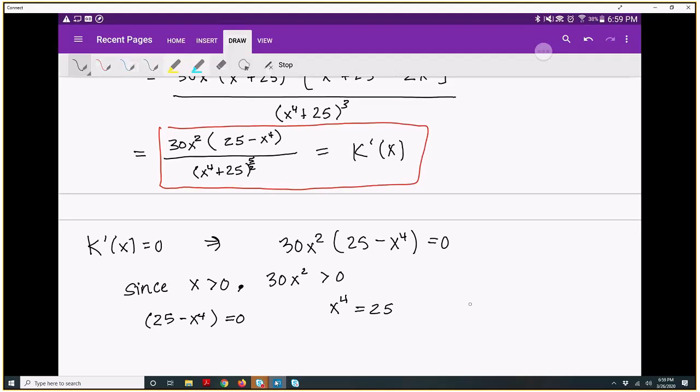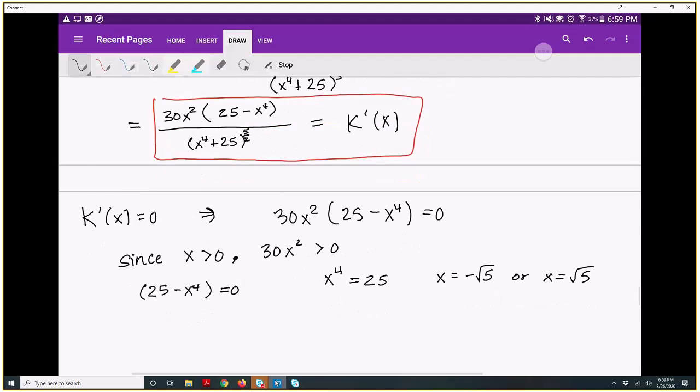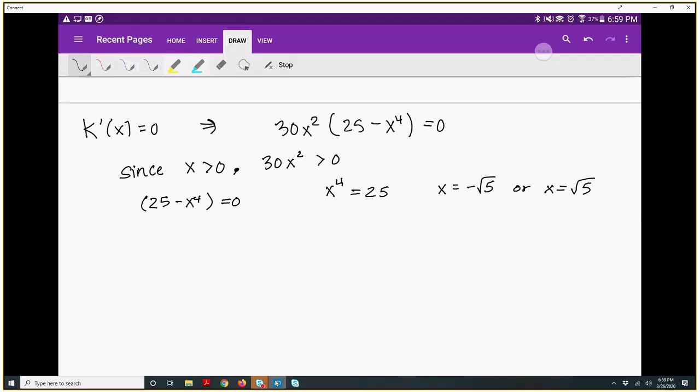So the two real roots are going to be x equals minus square root of 5 and x equals square root of 5. But again, we're looking for the maximum when x is greater than 0. So we're going to take x equals square root of 5 to be our x value. And we want to know the y value because we're looking for the ordered pair.